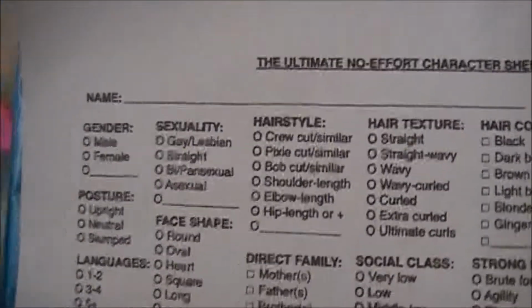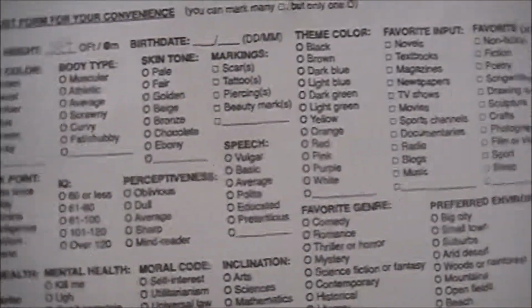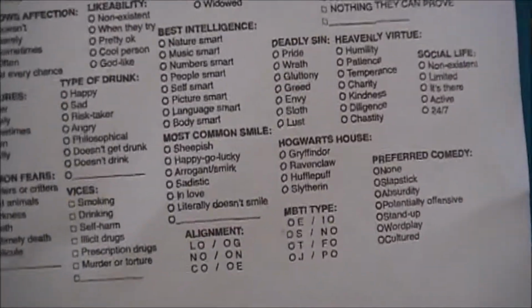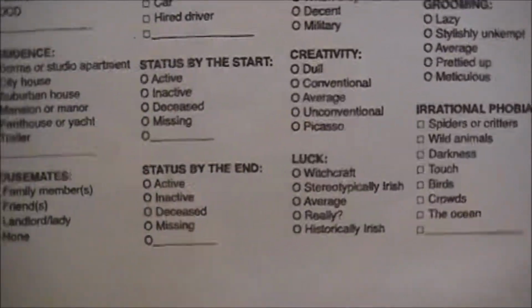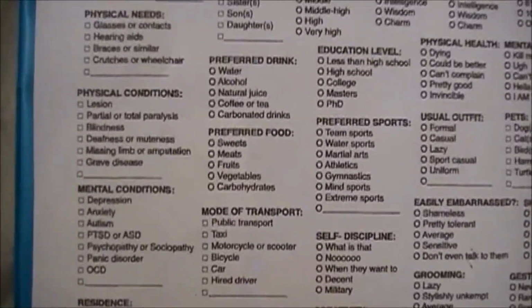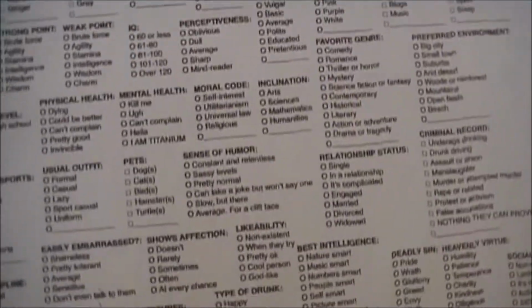Now this particular sheet has all these different categories, themes, maybe addictions, the way that they groom themselves, are they super creative, do they think analytically, different personality traits. It really makes your character a person.